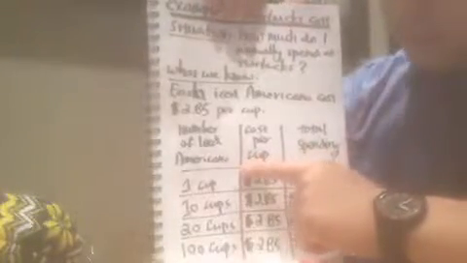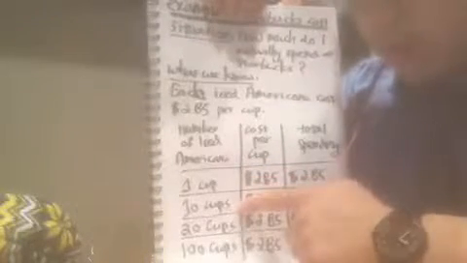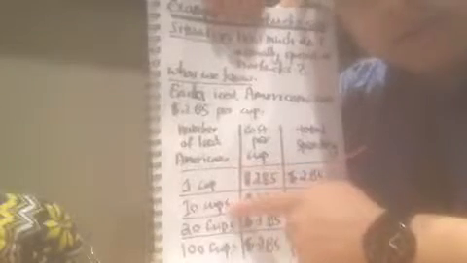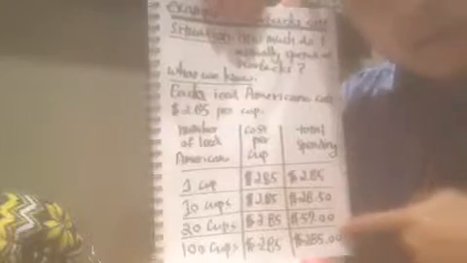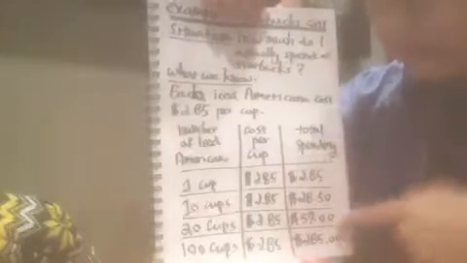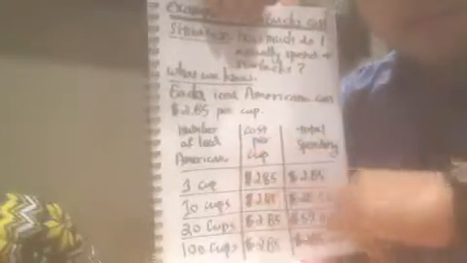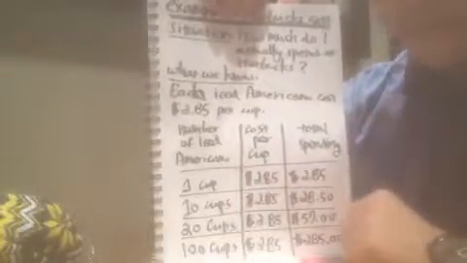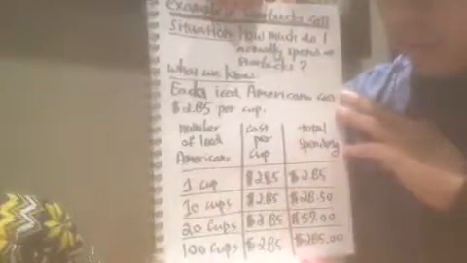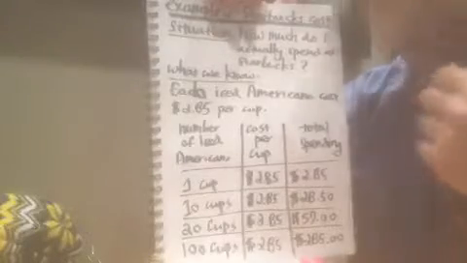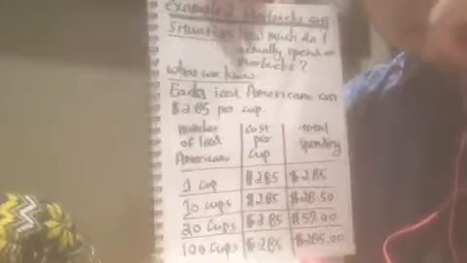So if you ask me how much I'm actually spending, I will have to answer, well, it depends on how many cups I drank. You're interested in how much I'm spending at the store, and I have to tell you, well, it depends on how many cups I have drank that day, that week, or that month. Again, this is an example of how you can explore constants and variables in most of your daily situations.